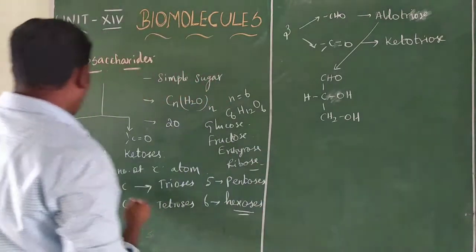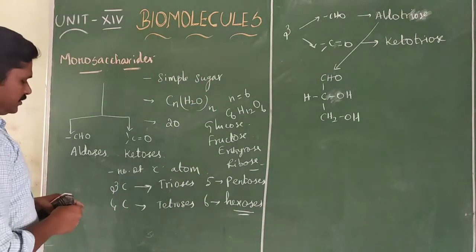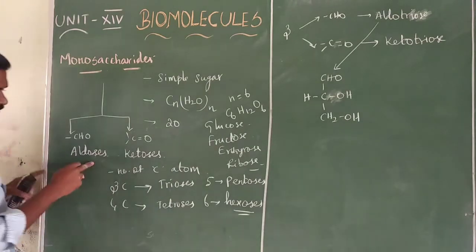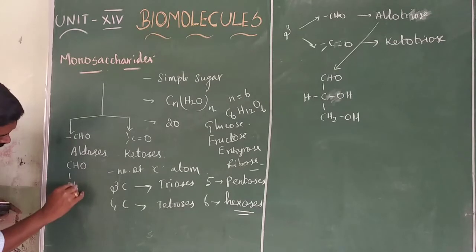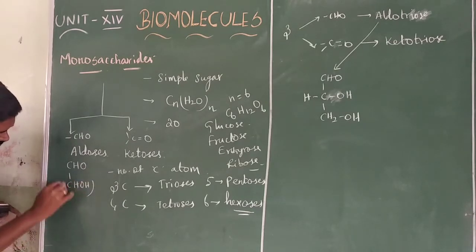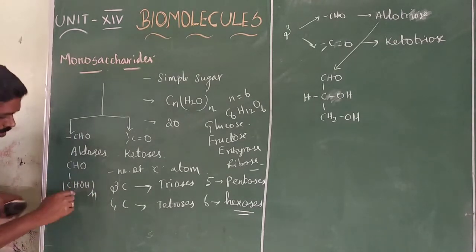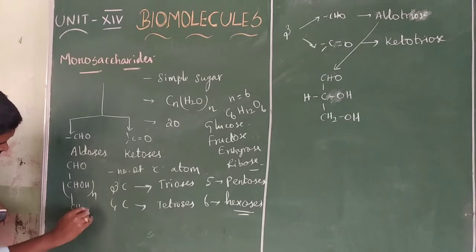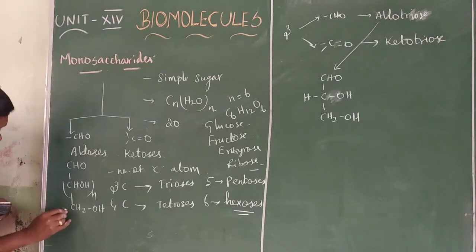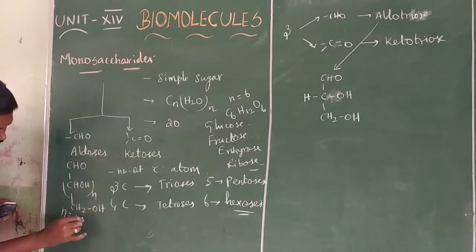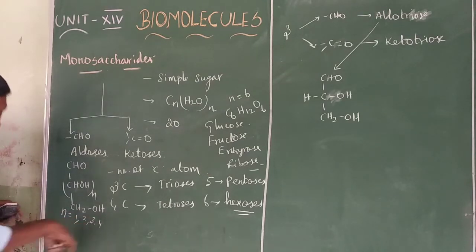The general formula of aldoses is CHO, then CHOH n times, a secondary alcohol, and one primary alcohol, CH2OH, where n is equal to 1, 2, 3 and 4.